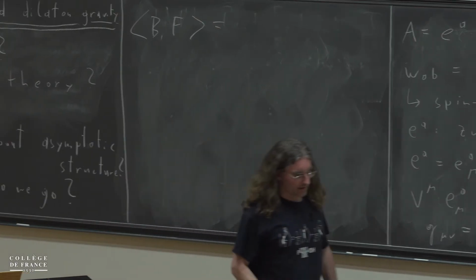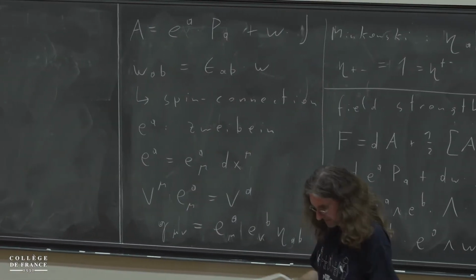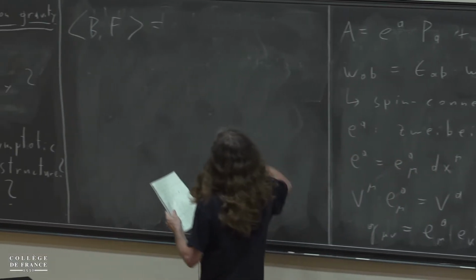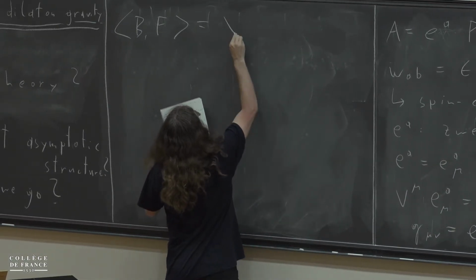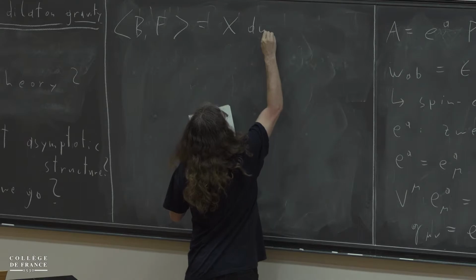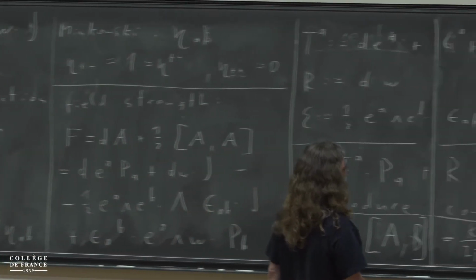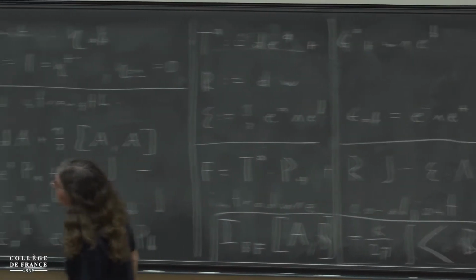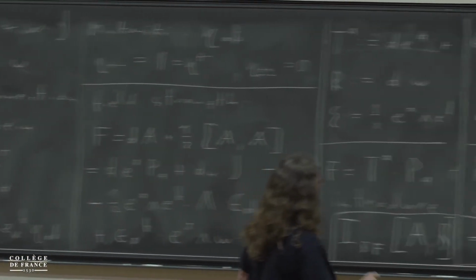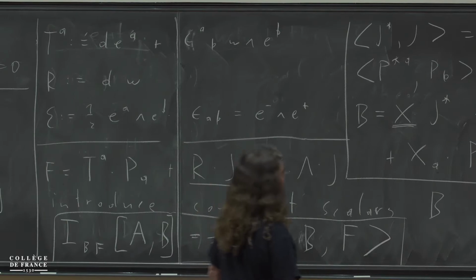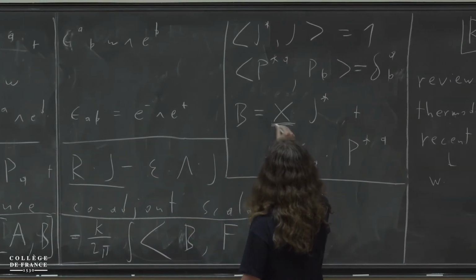So this expression BF is just given by x d omega. That comes from this expression together with this one here.